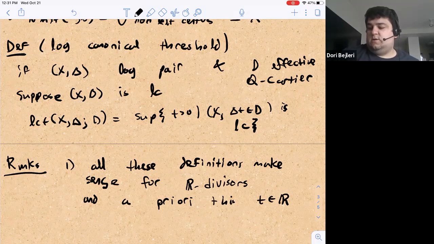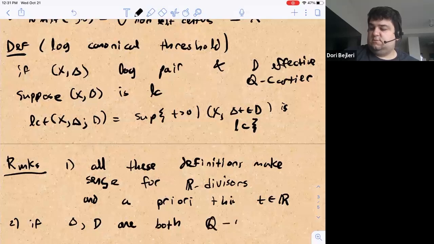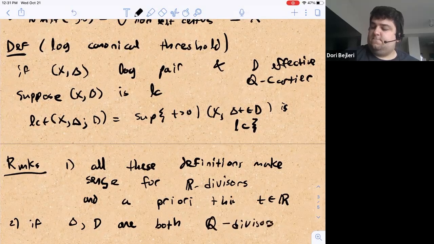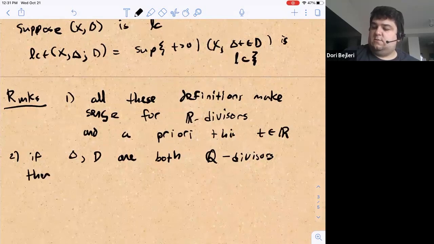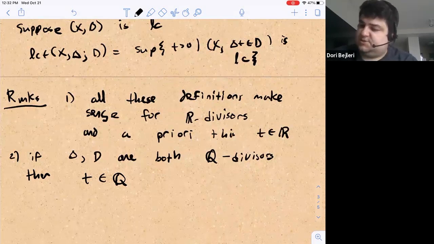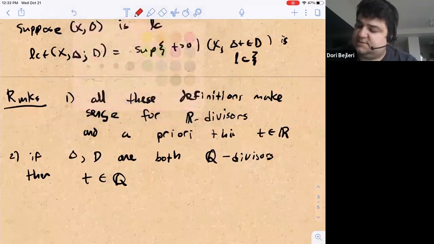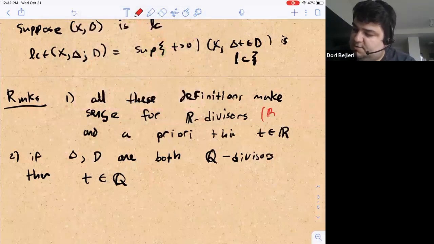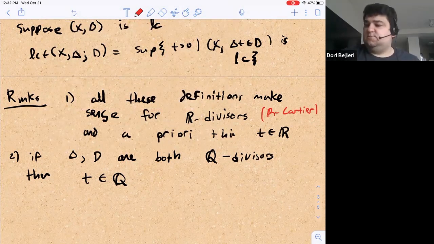But the second remark is that if Δ and D are both Q-divisors, then t is actually rational. And maybe I should say again, these definitions make sense for R-divisors as long as you assume all the appropriate things are R-Cartier. Basically, anytime we had to assume something was Q-Cartier, assume it's R-Cartier.